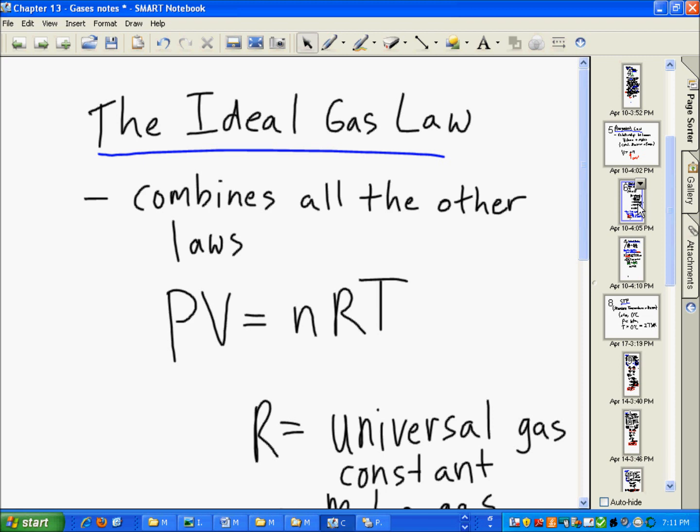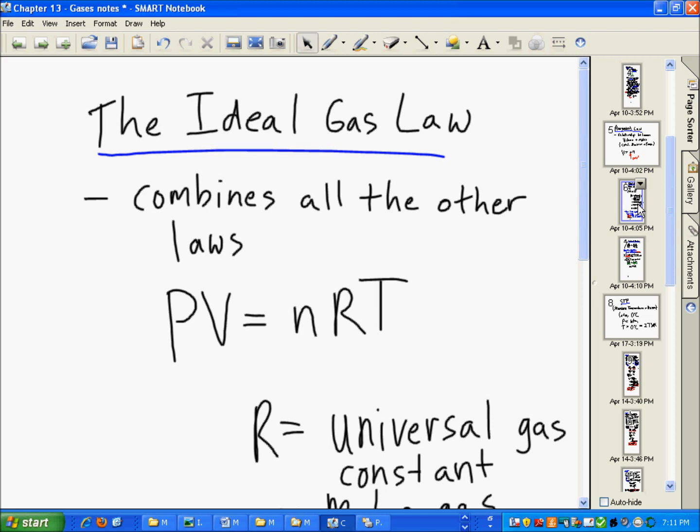The conditions where the ideal gas law works best and gives a better approximation are conditions where the pressure is low, because if the pressure is low, the gas molecules are far apart, they're not packed together, and so the volume of the gas molecules themselves doesn't come into play.